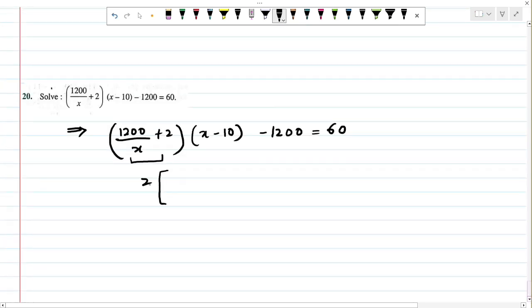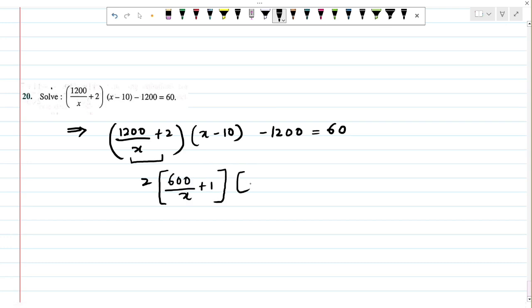The leftover terms are 600 divided by x plus 1 and x minus 10 is equal to, so I'll take this to this part. This becomes 1260, right? So 60 plus 1200 will become 1260. I am writing it here as 1260.